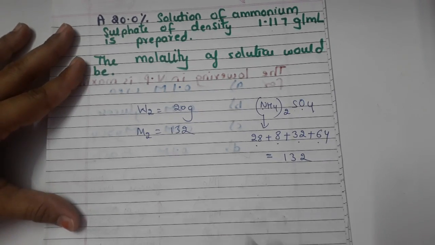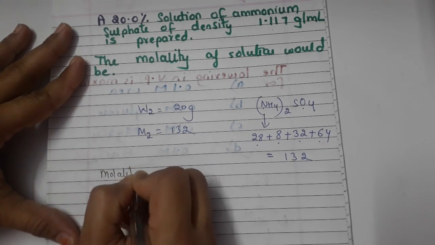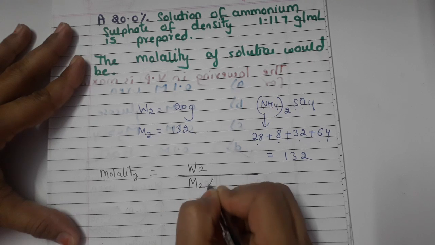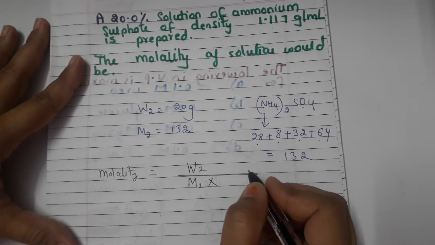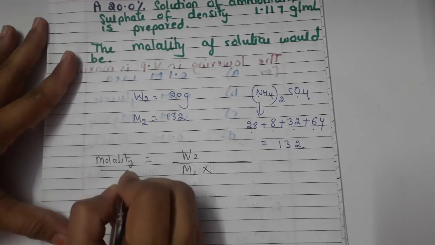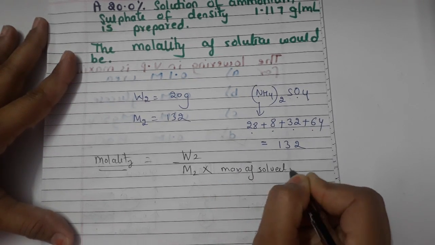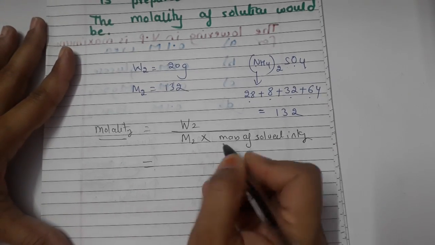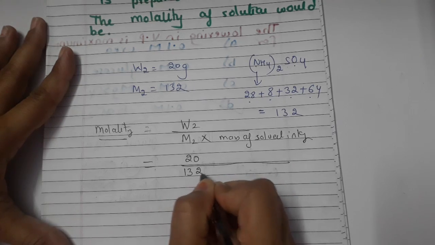Now we have to write down the molality formula. Molality is equal to the number of moles of solute, that is W2 upon M2, into volume of solution in liters, students. Sorry, not volume, it is mass of solvent in kg. Now W2 is 20 and molar mass is 132.